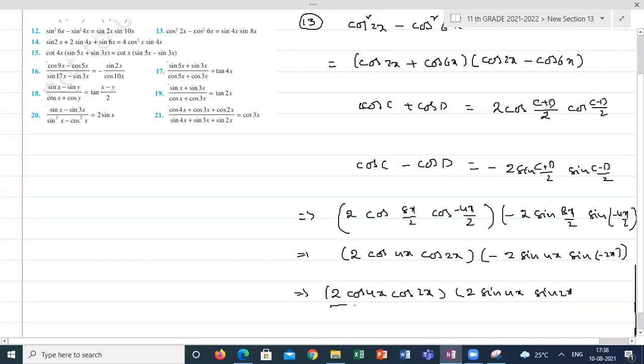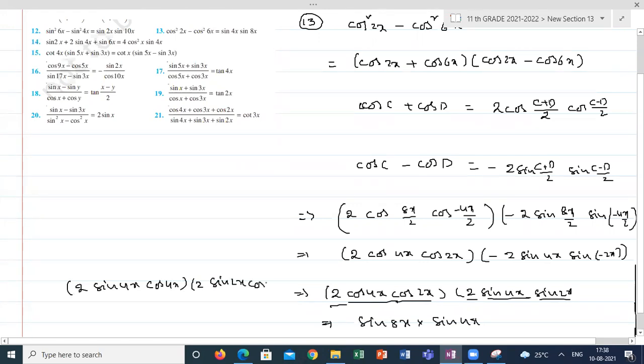Taking 2 cos 4x cos 2x as one expression, 2 sin 4x cos 4x, and the rest as another expression, 2 sin 2x cos 2x. This whole thing can be written as sin 8x, applying the sin 2 theta formula here. So this is the final expression. This is your RHS.